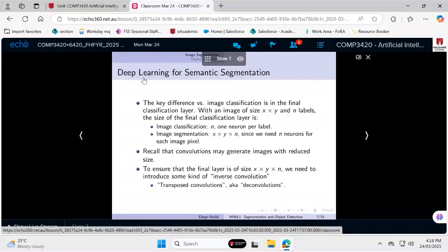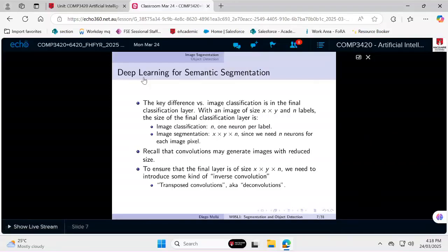Still, the idea is going to be very simple if we already know how to classify images. As I was saying before, for image classification, the final layer has as many neurons as labels. Now, if you have X times Y pixels in the image, there will be X times Y times N neurons on the final layer.